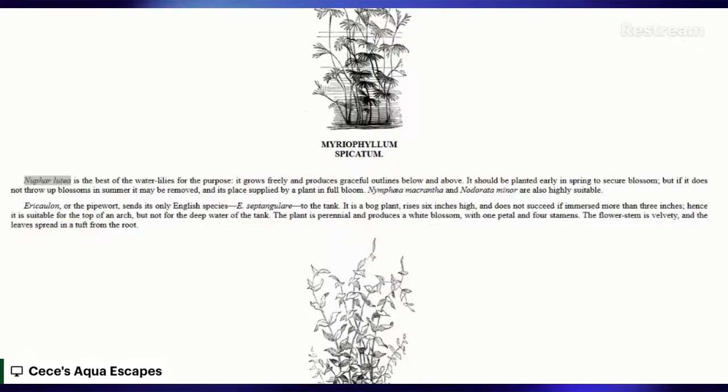Nuphar lutea, or yellow water lily, is the best of the water lilies for this purpose. It grows freely and produces graceful outlines below and above. It should be planted early in spring to secure blossom.